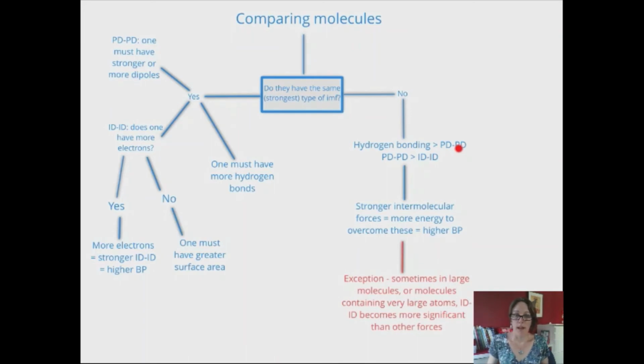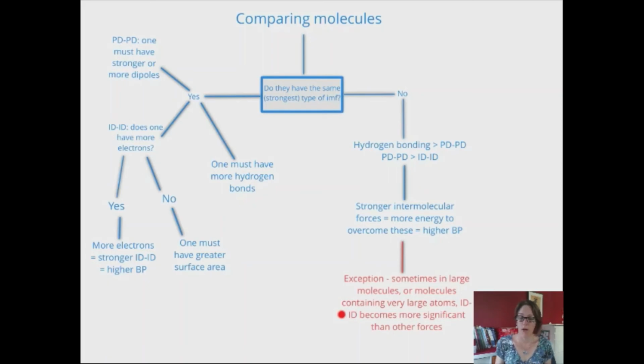So what we mean by that is compare them. Do they both have hydrogen bonding, or does one have hydrogen bonding and one not? If that's the case, it's really easy, because hydrogen bonding is stronger than permanent dipoles, and permanent dipoles are stronger than instantaneous-induced dipoles. And so stronger intermolecular forces just need more energy to overcome them, so you would have a higher boiling point.